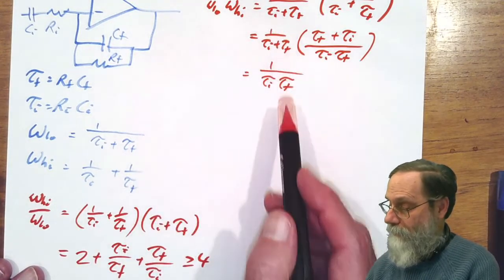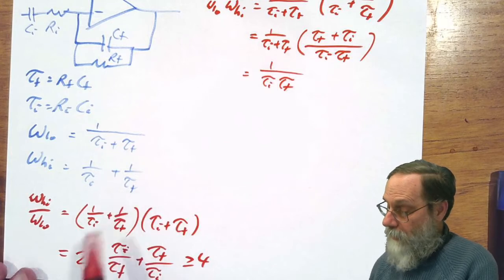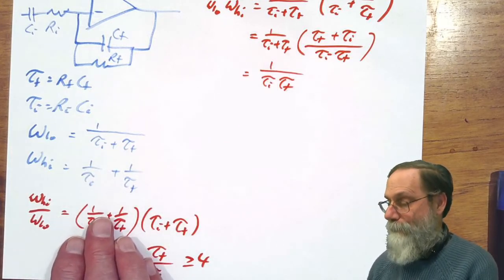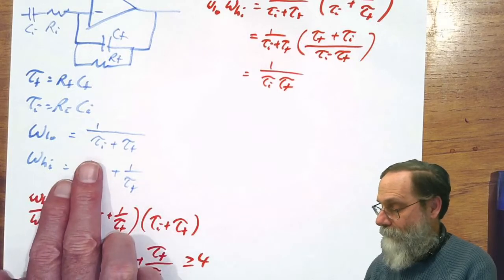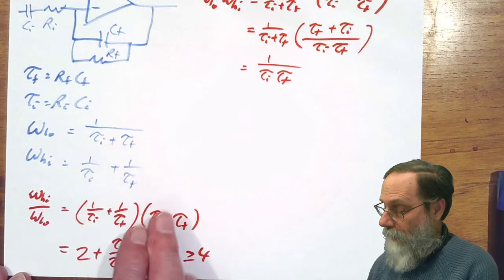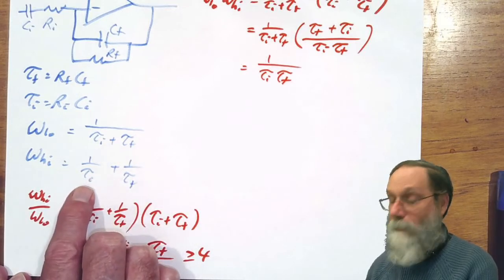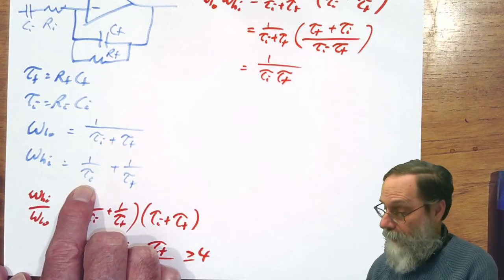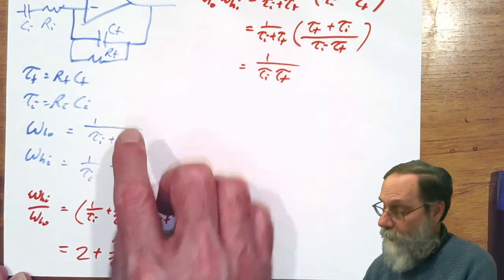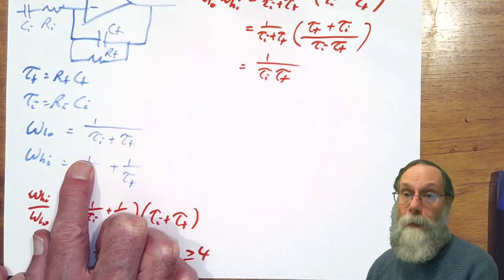And we can pick it actually so that, say, tau f, we can make omega high be about 1 over tau f, and that's if tau I is really big. Well, if tau I is really big compared to tau f, we get 1 over tau I for omega low and 1 over tau f for omega high.